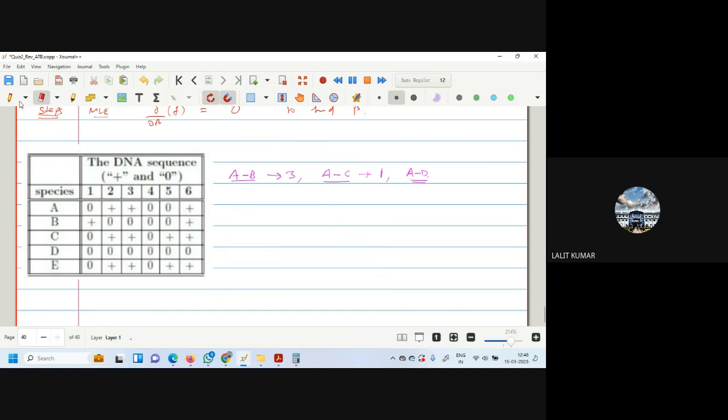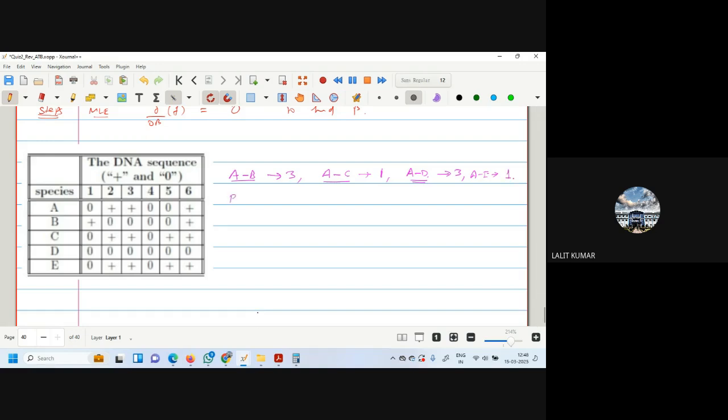Now we have found A to C, now find A to D. A to D, this is matching, this is not matching. 1, 2, 3. And A to E, this is matching, matching, matching, matching, not matching. 1. So we have got this.